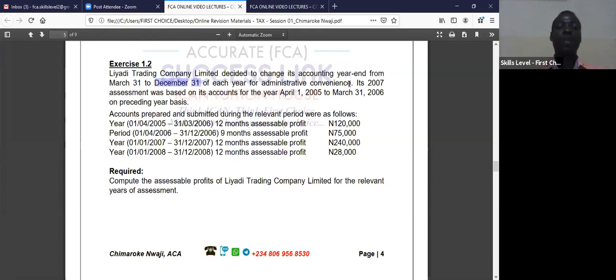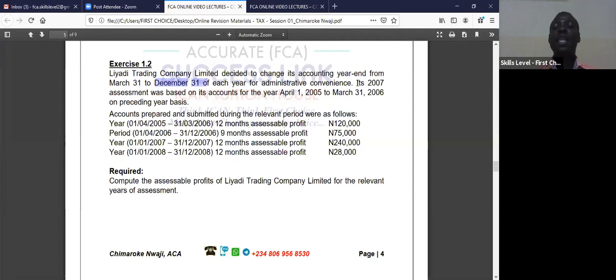It could be because of a government directive that a particular industry use that date for convenience. It could also be because of administrative convenience, as they said. Fine. Now that we've seen that they've changed from March 31 to December 31, what do we do?